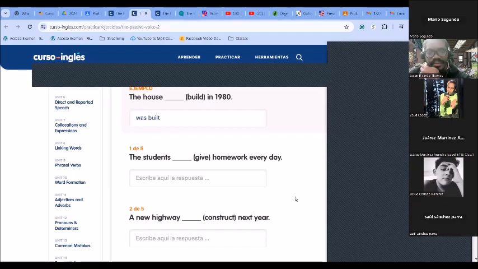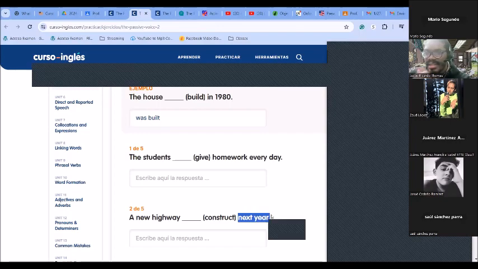A new highway was... I don't know. Okay, good. At least you're going in the right direction. You know you need your verb to be, and you know your verb will become constructed. Good. The only thing you will change is the verb to be to match next year.